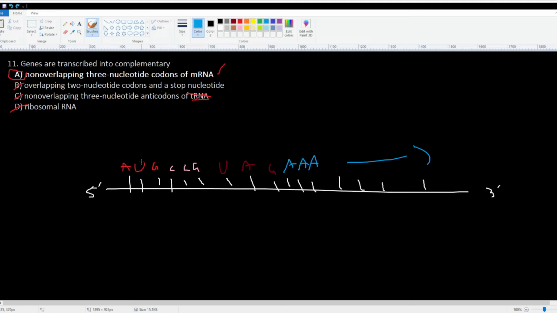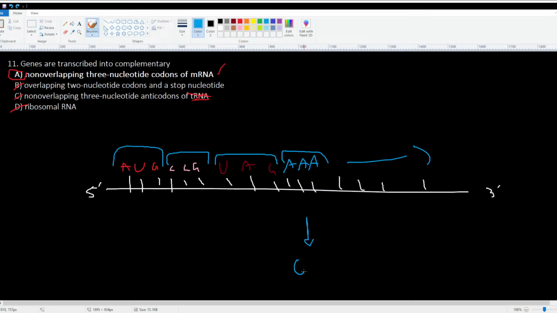They don't necessarily exist on the template strand, because we're not really worried about codons in the template strand. When we're transcribing mRNA, it just does it indiscriminately, but once we have the final product, we can subdivide it into different codons. These are three nucleotide regions that each code for a specific amino acid once we go into translation.